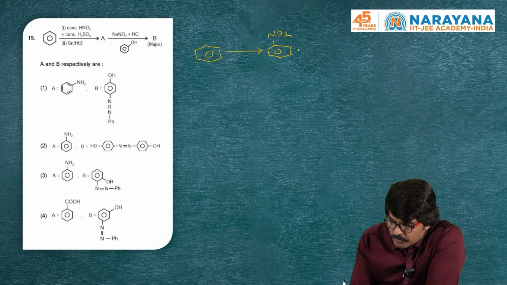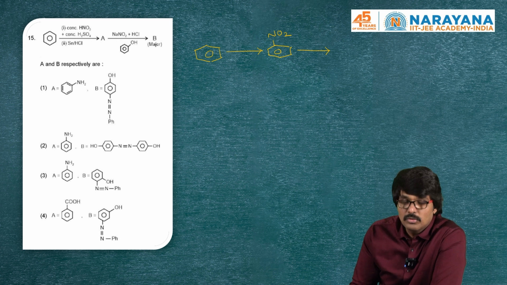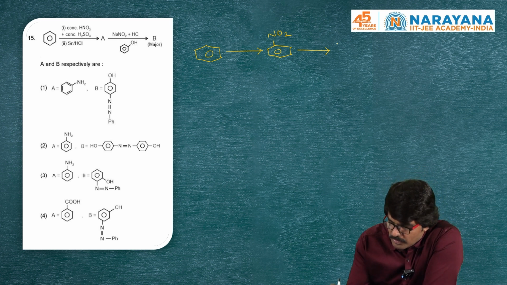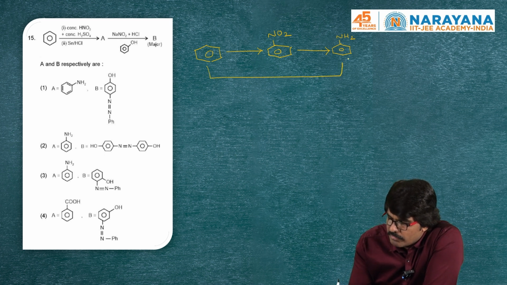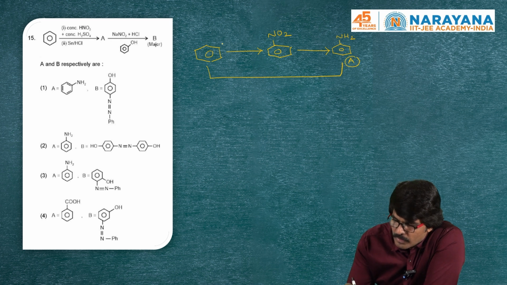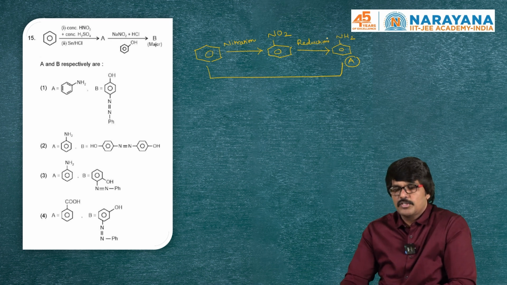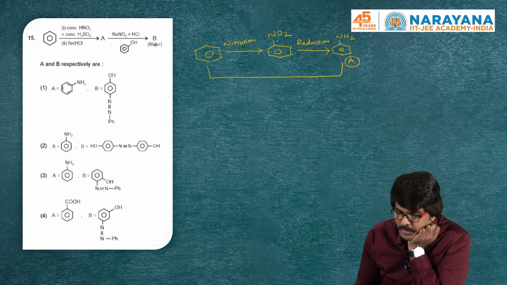In the same step, by using the second reagent, Sn/HCl, he reduced the nitro group, so that will be converted to aniline. So this is the first reaction in the sequence: this is nitration and this is reduction. The product of the first reaction is aniline.